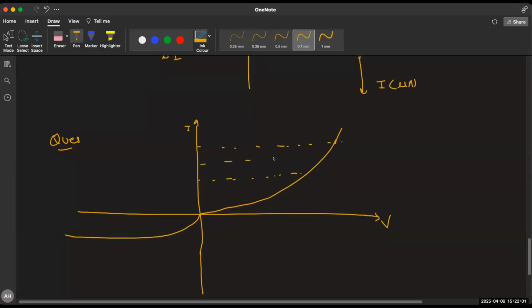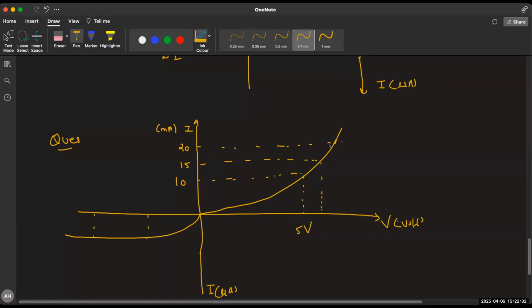This is an example from NCERT. This is in milliampere. This is in volt. This is in microampere. So this is 10, this is 15, and this is 20. This is 5 volt.